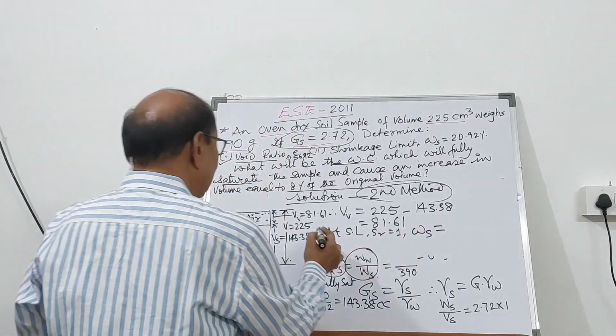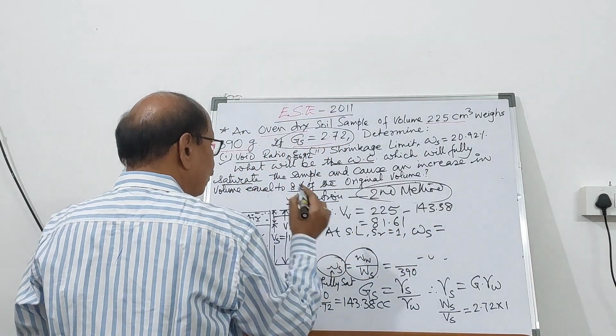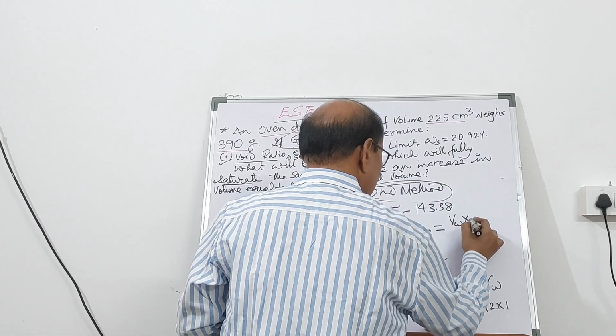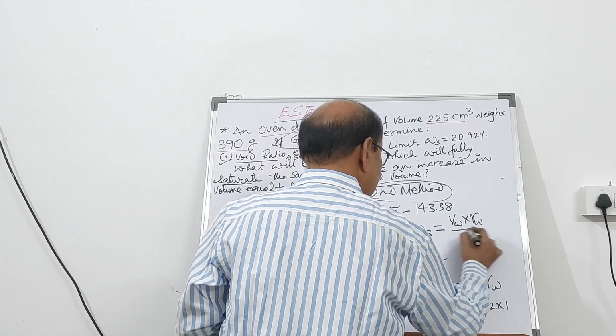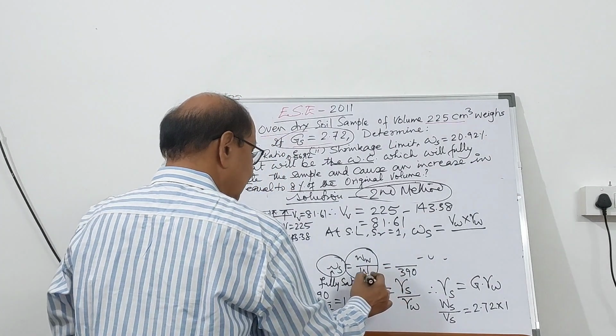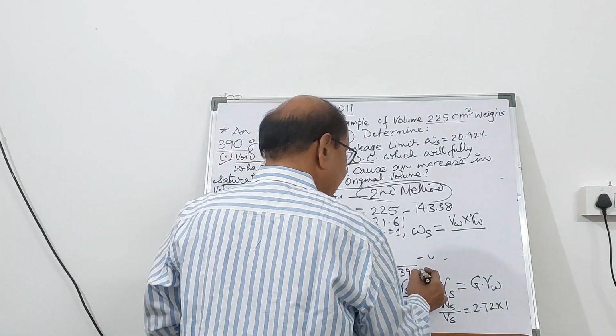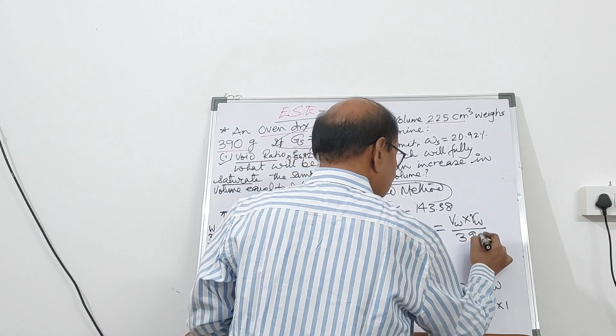Now what is the weight of water? It is equal to volume of water into unit weight of water, and weight of soil solids is already known to us as 390.